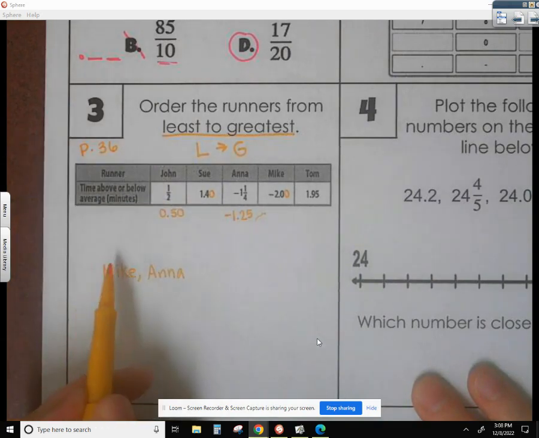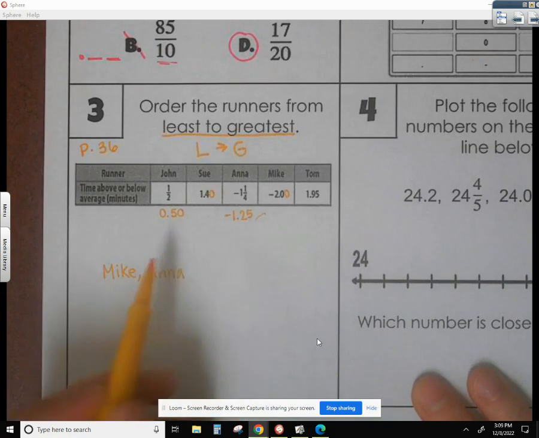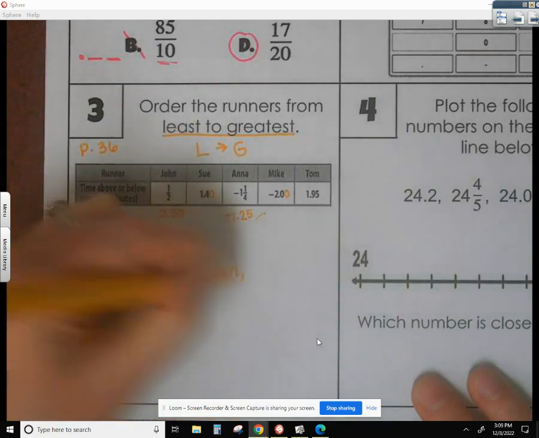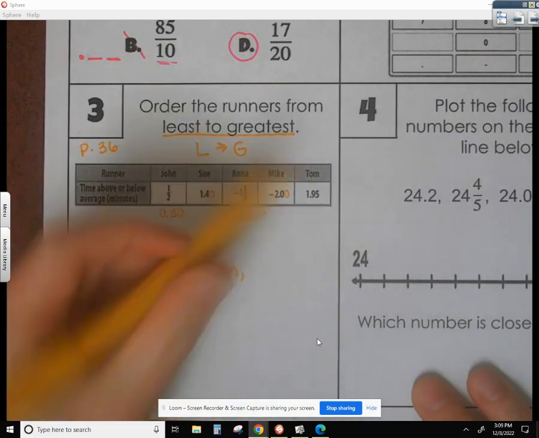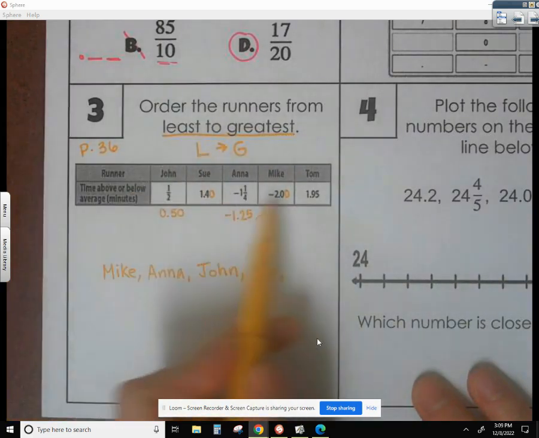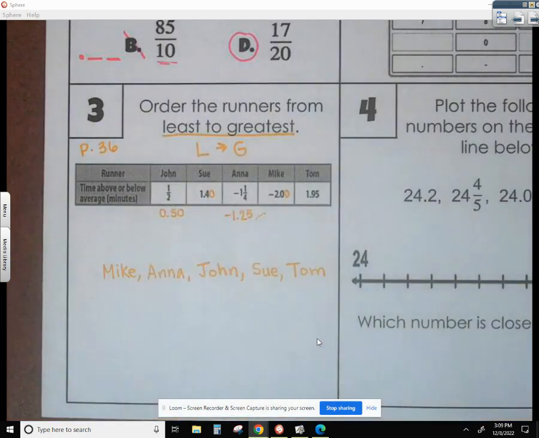As we're moving toward the 0, we're getting bigger, and then now we would be passing over the 0 on our imaginary number line. We would get to 50 cents first, so John would come after Anna. We would keep going and we would get to $1.40, so Sue is next. And then the furthest one over to the right would be $1.95, so Tom would have the greatest number here.